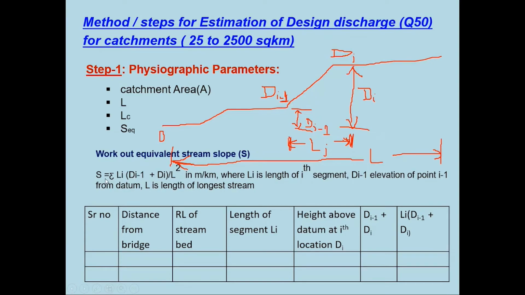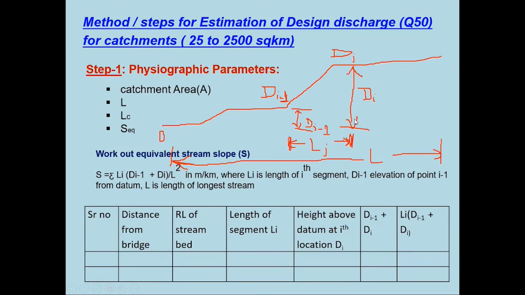So the formula is the summation of Li multiplied by the sum of these elevations. Similarly, the elevations of these two multiplied by the length of this, and similarly the sum of these elevations multiplied by the length of this. So this is the formula.